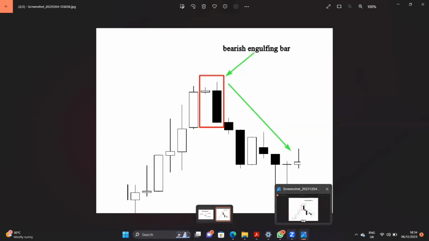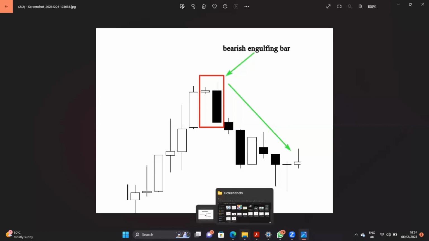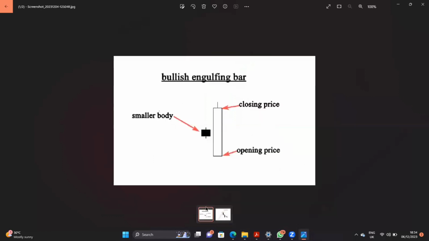I believe we've done justice to the bearish engulfing. Let's talk about a bullish engulfing candle, or a bullish engulfing bar pattern. Now, the bullish engulfing bar pattern consists of two candlesticks also. Whatever I teach you about candlestick patterns, they are just the opposite of the other.